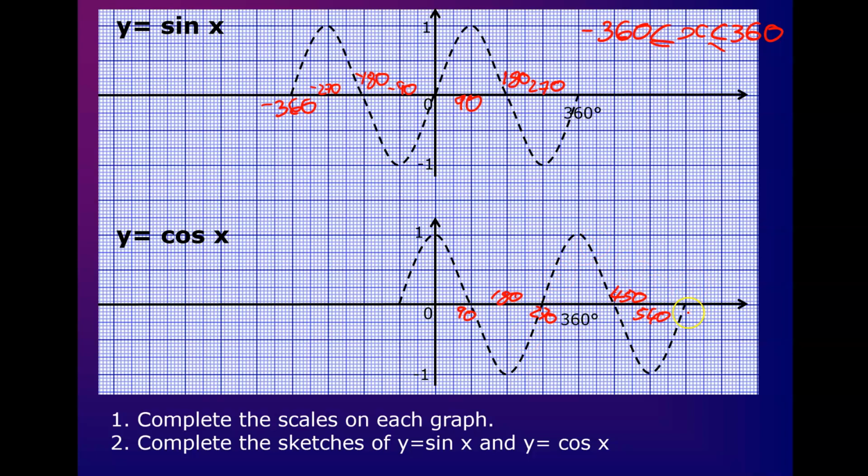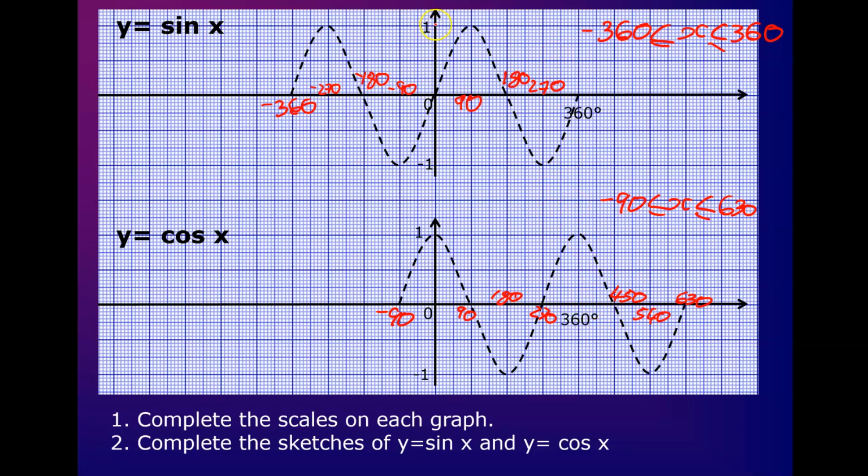And then this one is going to be another 90 onto that, so 630. I think. 630, yes. Okay, and then it goes down to minus 90. So basically each little thing is 90 degrees. Okay, but again, this one is going from minus 90 to 630. Okay, so that is your sine curve and your cosine curve.